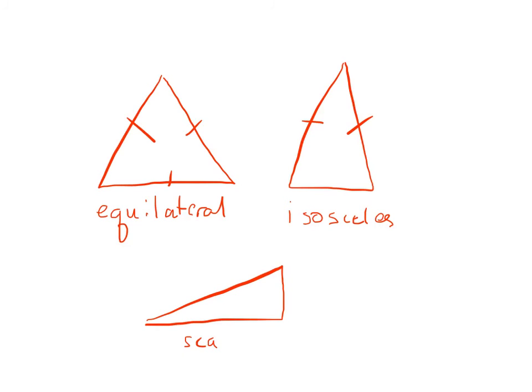It has all different angle measures and lengths. So in an equilateral triangle, all of the angles are the same. In an isosceles, these two angles are the same. And in the scalene, they are all different. Every side is a different length.